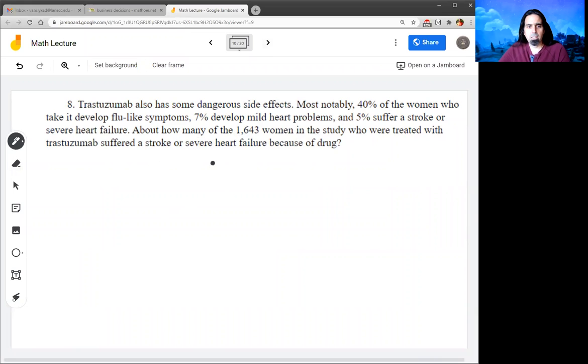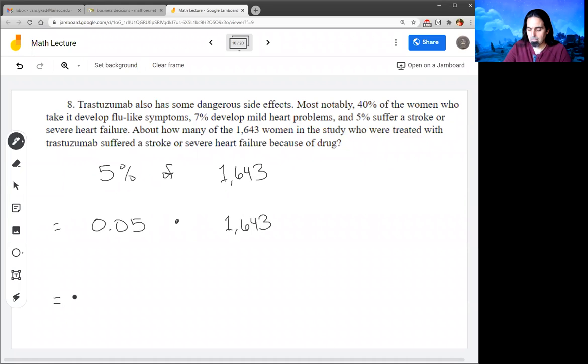So we could say that's 5% of 1,643. 5% becomes 0.05, of becomes multiply. So about 82.